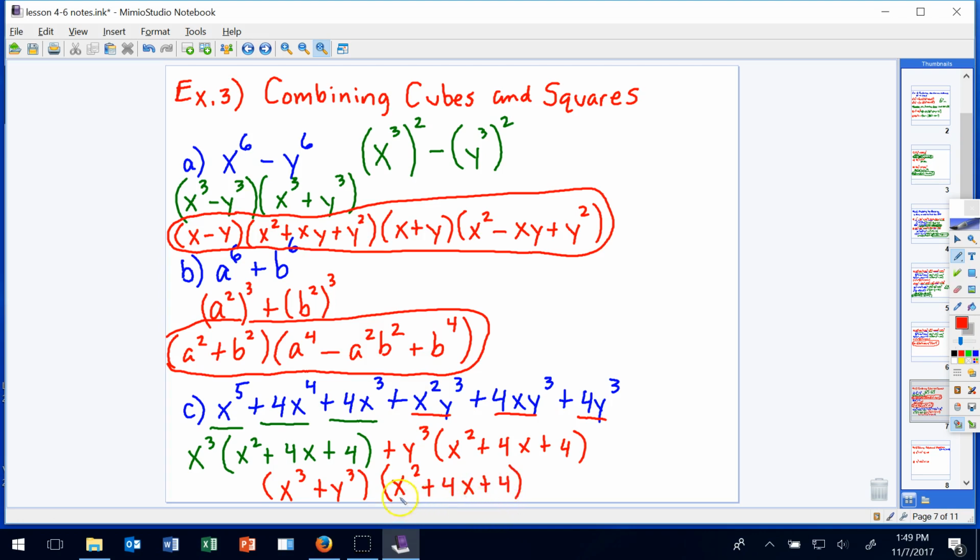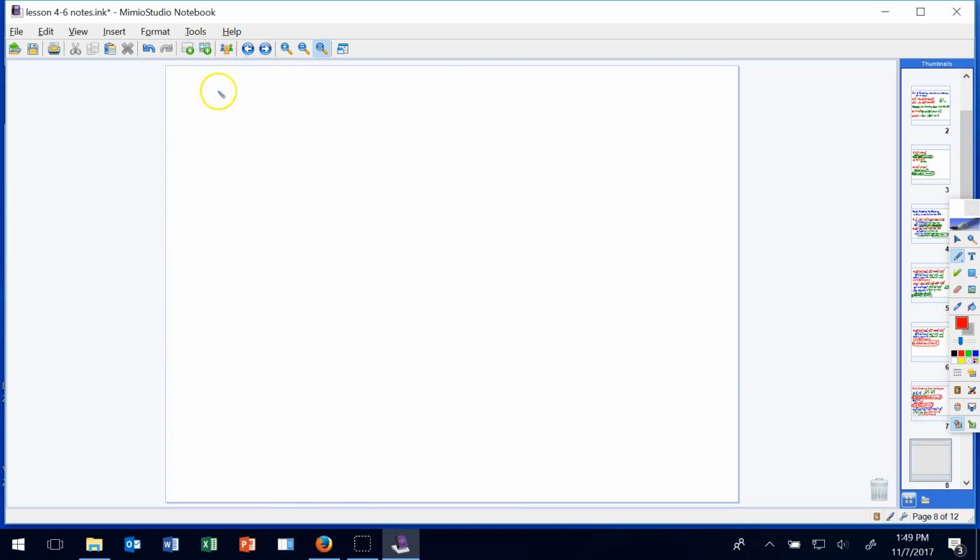And, oh boy, we've got the sum of two cubes, which can factor. We also have a perfect square trinomial, which can factor. So we're going to need some more space. Let's go to a new slide: x cubed plus y cubed, and this is x squared plus 4x plus 4.